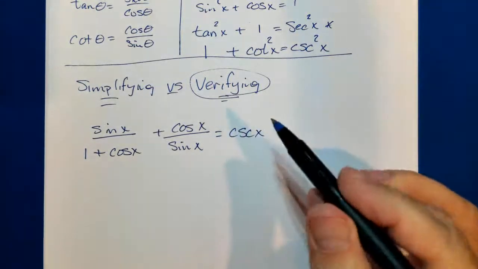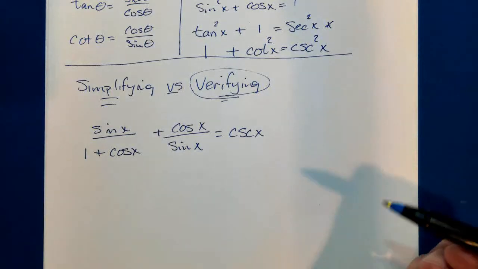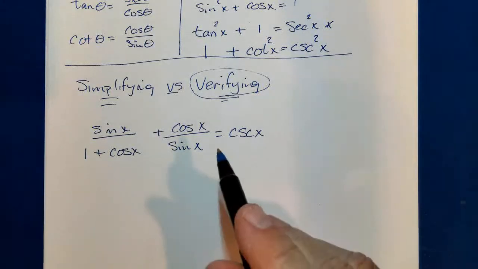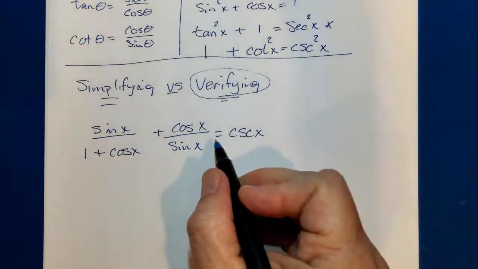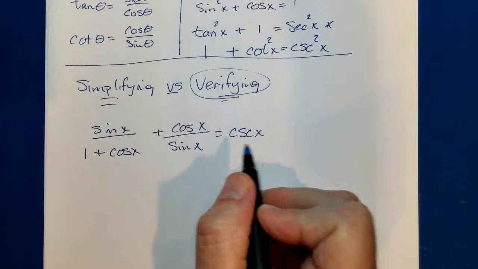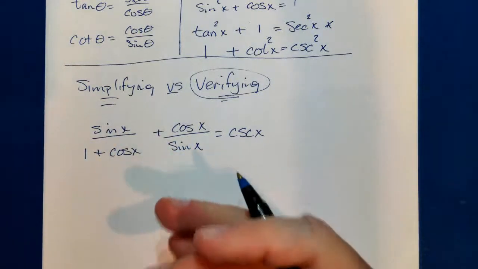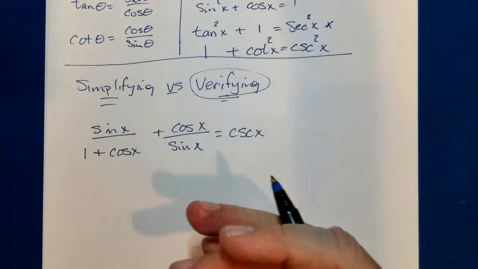Now, the difference between the problems that we were doing in the last section, which was just simplifying, and the problems that we're doing in this section, which is verifying, is we know this expression is supposed to equal cosecant x. We just have to show what those steps are in order to get there.